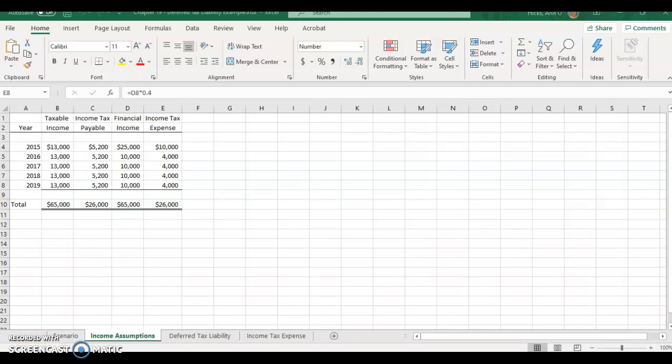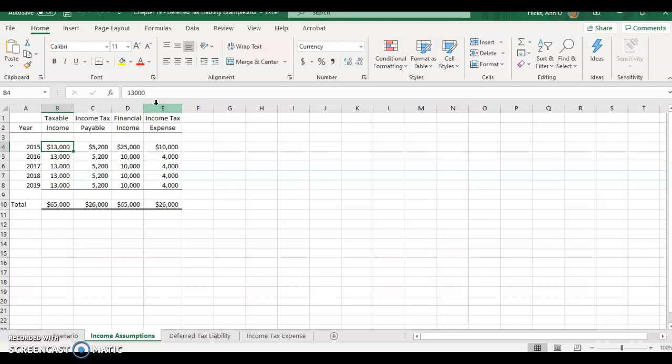In this schedule, I've outlined for the 5-year period, 2015 through 2019, the taxable income and the financial income so that we can see the differences, and then we'll also look at the payable and the expense. So remember, in the scenario we said that we were going to assume the company earned $10,000 each year outside of the particular deferred tax item.